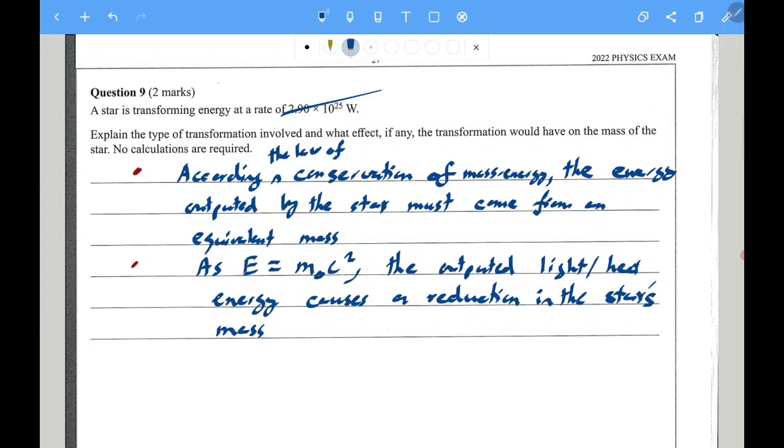Don't know if there's meant to be an apostrophe there, but this is your response. So we will use the conservation of mass energy from special relativity. If we are outputting energy, it can either come from other forms of energy or it can come from mass.